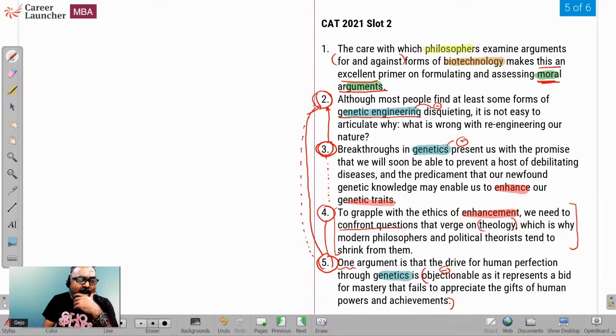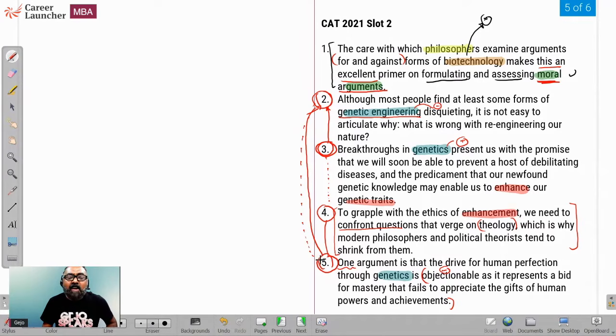So here I think if you look at sentence number one, it talks about biotechnology, that is very broad, and it's talking about formulating and assessing moral arguments. The hero is moral argument. Let's use biotechnology as a sub product for our hero, which is moral argument. So in this sentence, the focus largely is about using biotechnology to create moral arguments.